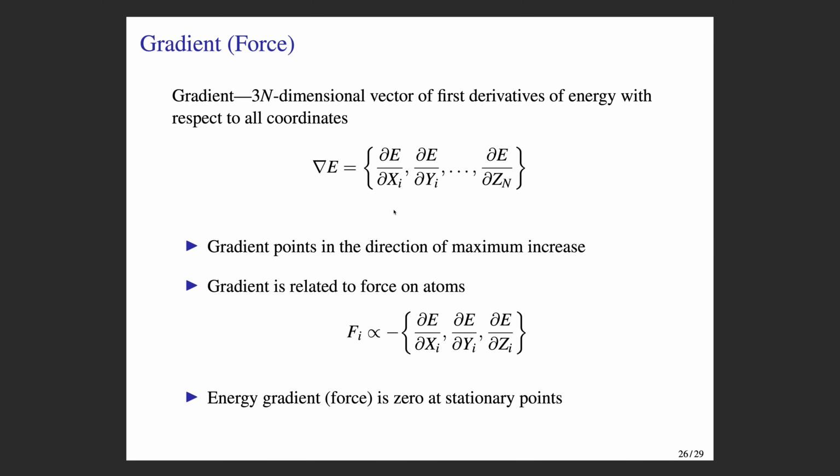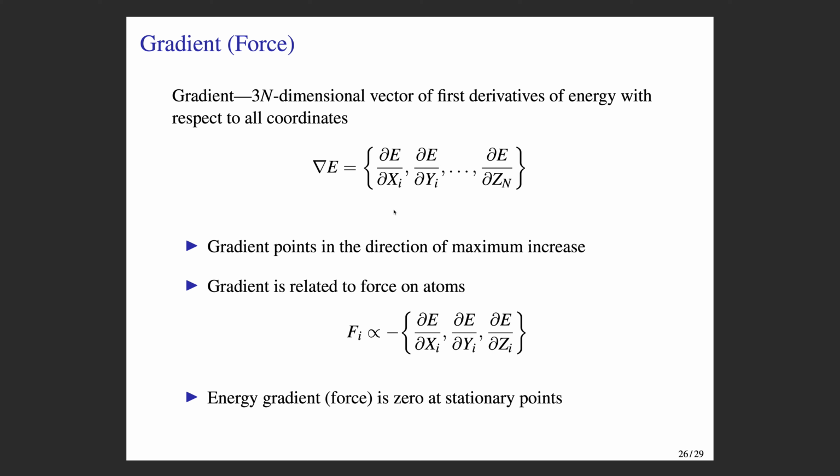So let me introduce a concept from molecular physics. It's a broad concept. It's also part of calculus in general. But when you're dealing with this multidimensional function, you can define what's called the gradient, which is a vector of the first derivative of the function with respect to all of the degrees of freedom.